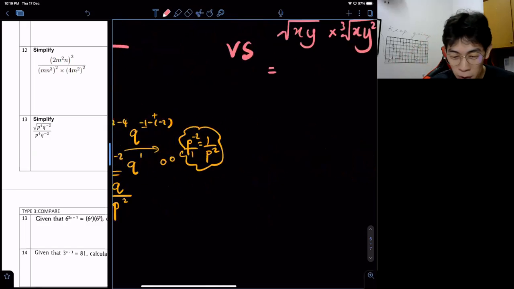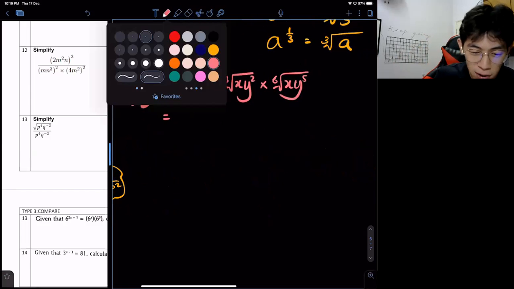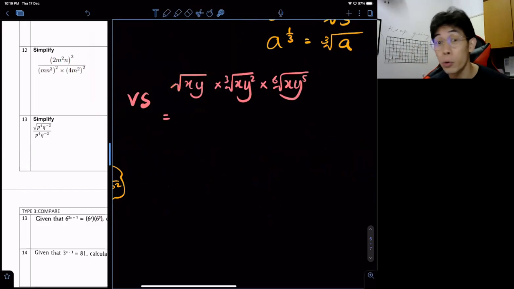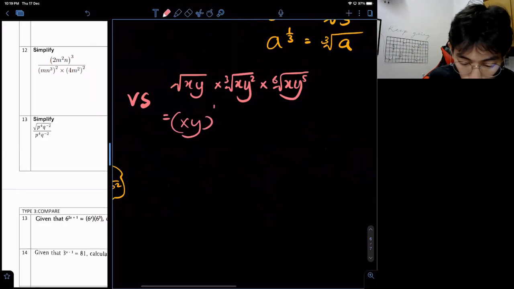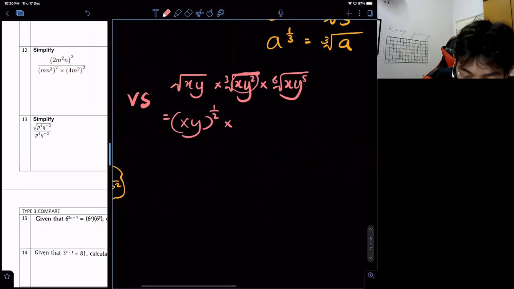Okay, so next here, you tell me, don't you think this is so familiar, the square root? Square root the whole thing, right? So you're going to get x, y, bracket 1 over 2. Now, be careful. This whole thing together is one.